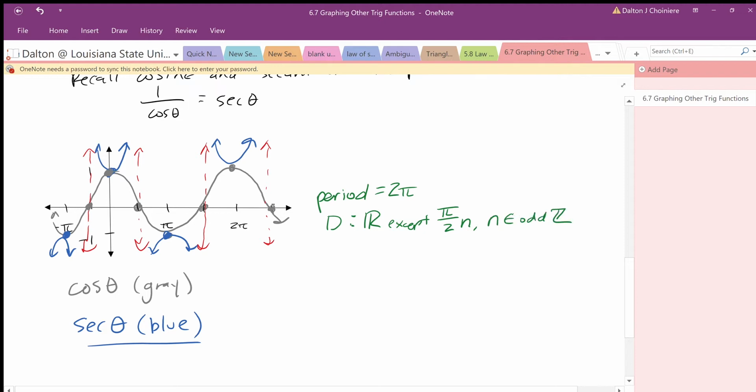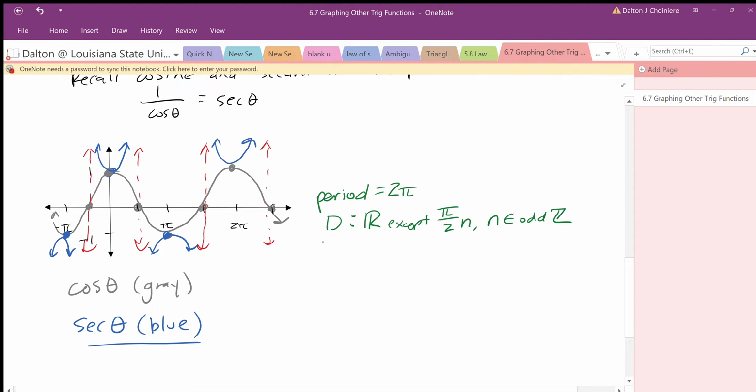Because if n is even, then the even cancels with the 2. Suppose n were 2, then pi over 2 times 2 is just pi, but there is no asymptote there, so that's why it needs to be an odd integer.